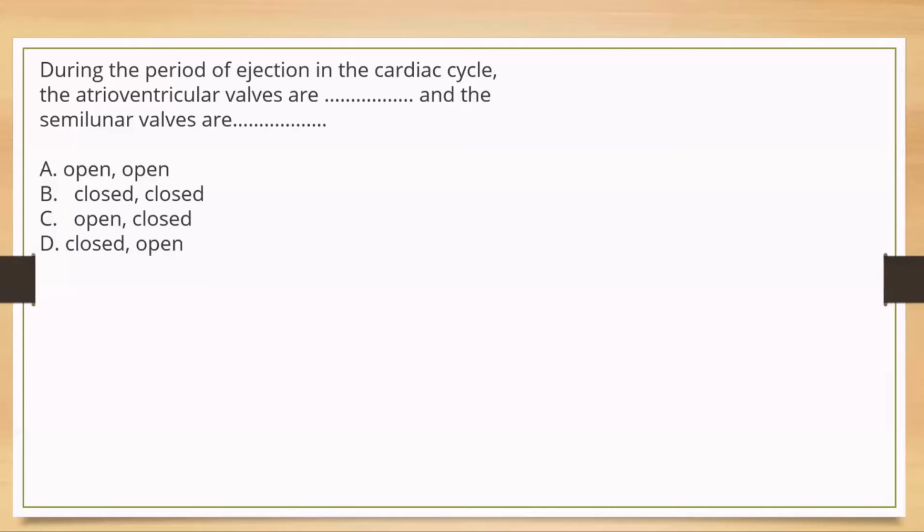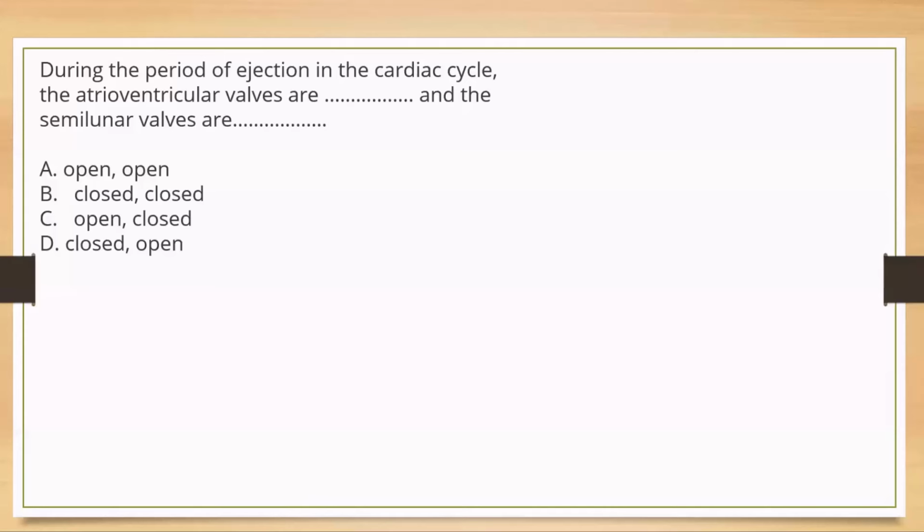Immediately after the ventricles start contracting, the pressure in the ventricles will exceed the pressure in the atria. And what happens? It will force the AV valves to close.